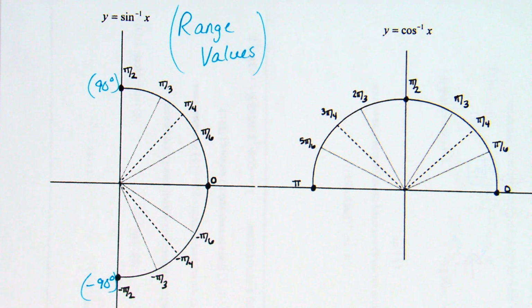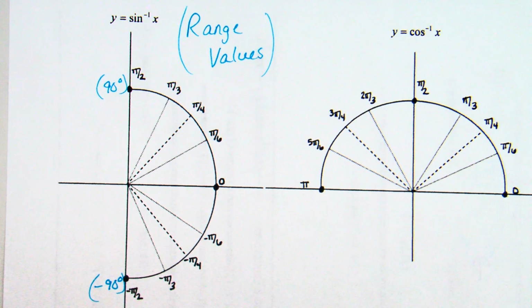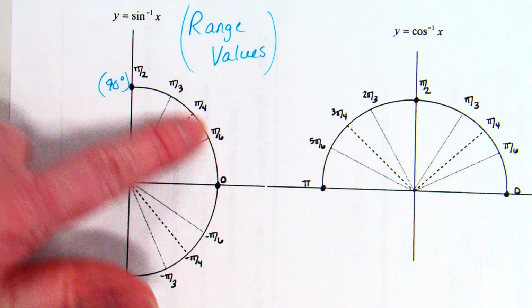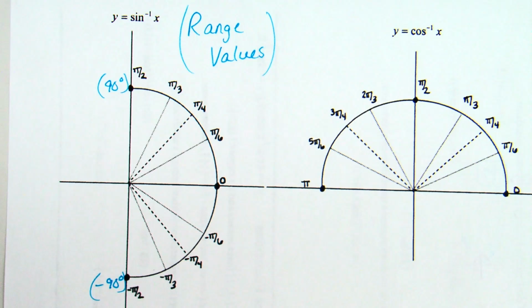So this is a representation of what kind of answers you can give when I ask a sine inverse question. Okay? So you can give anything in quadrant 1 or the equivalence of quadrant 4. But when you name it, it has to be from -π/2 to +π/2.